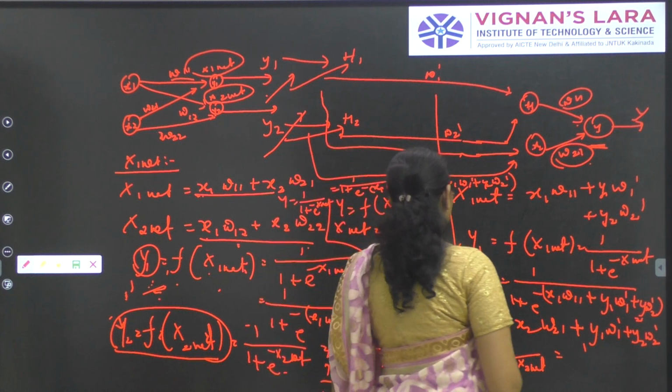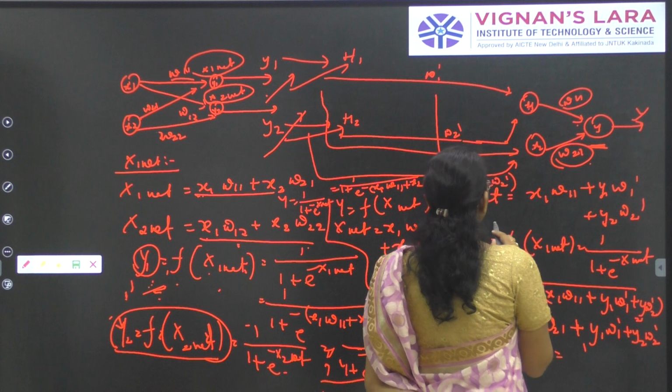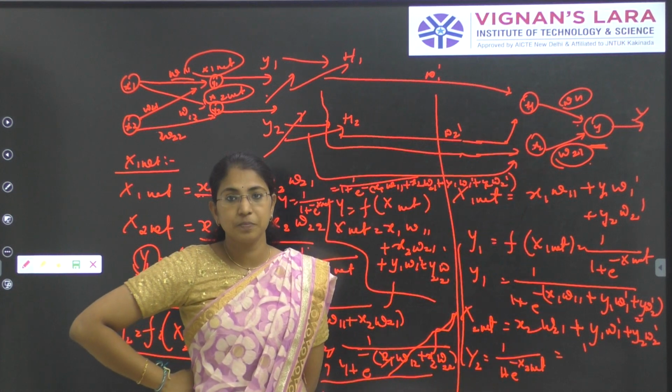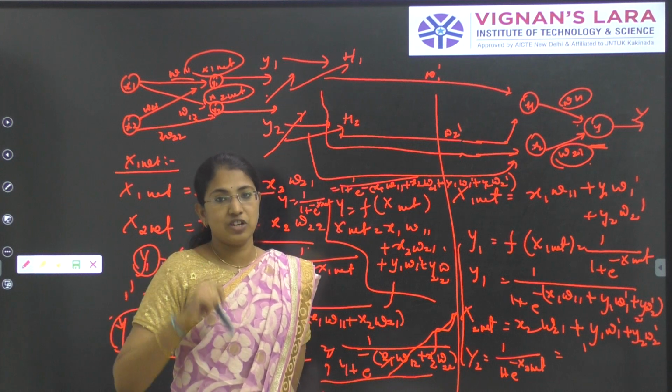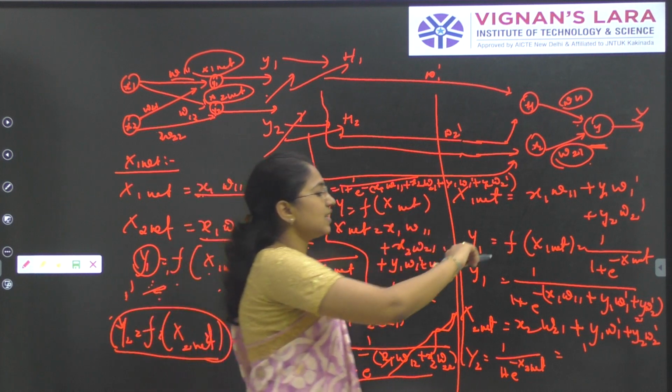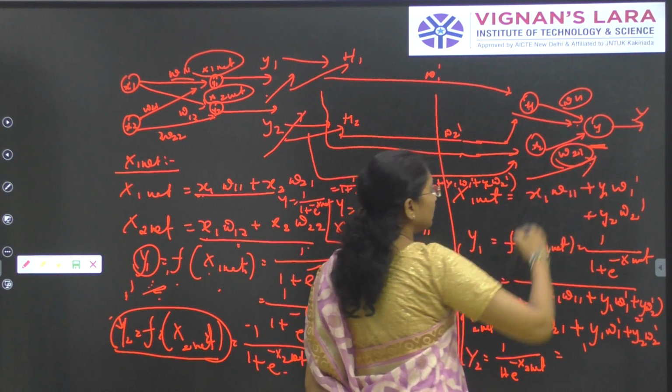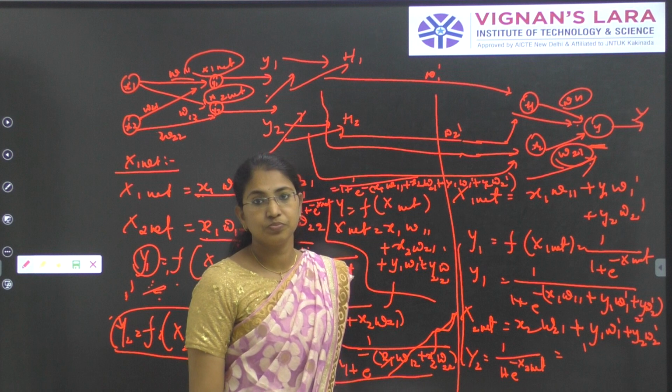Now, what will you calculate? As there is only one output of that neural network, y, you will have only one x net, and that x net will have this information, it will have this information also.